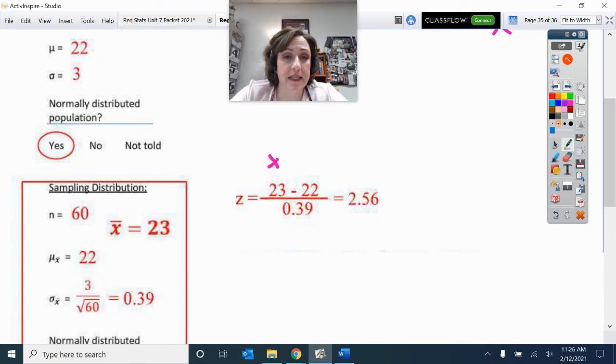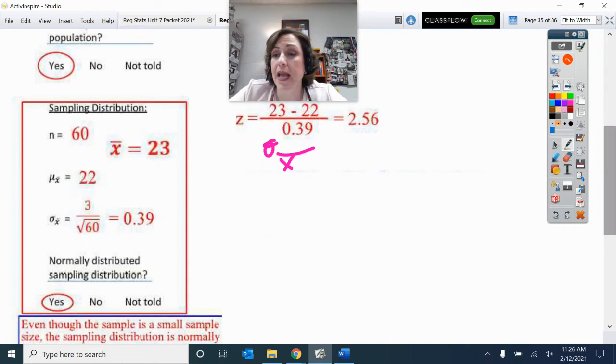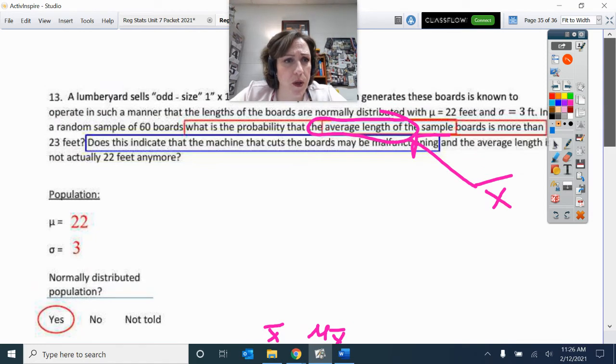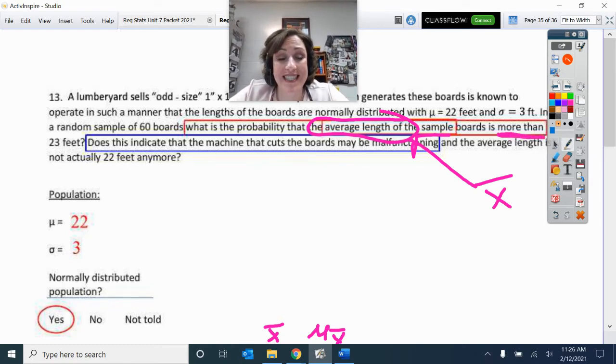So that's why we have X bar minus the mean of X bars over the standard deviation of X bars, and we get that Z-score. And we wanted to know the probability of that being more than, it says more than. So I'm going to norm CDF the area above.